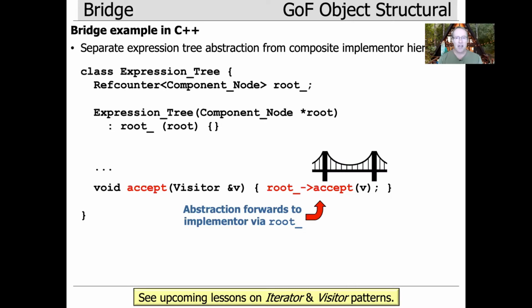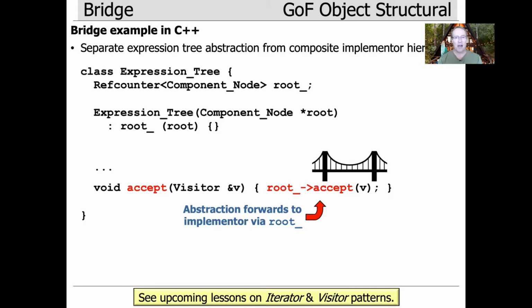And as we'll see, the arrow method on the ref counter does a little bit of magic. This is what's called the delegation operation. And it'll essentially allow the accept call on the expression tree to be forwarded to the appropriate method that's part of the underlying composite, the implementer hierarchy, as the bridge likes to call it. So that's the bridge part. We're forwarding that call, and that will then, of course, actually do the real dispatching.